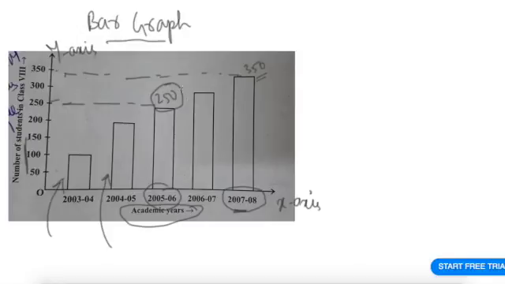So if you see, there is an absolute growth of 250 to 300. So this is how a bar graph helps us to read data.